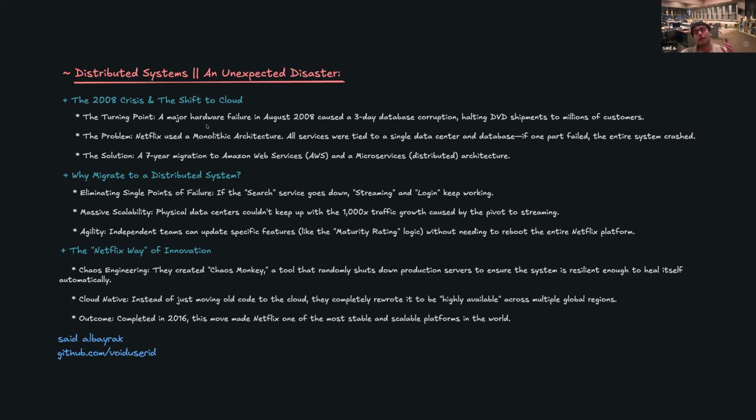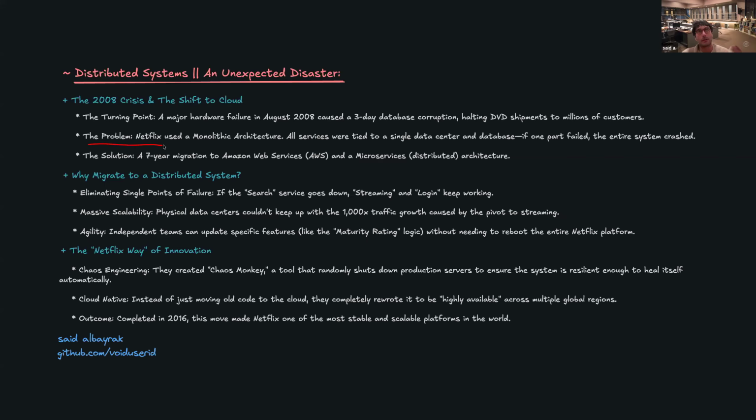They had a major hardware failure that caused a 3-day database corruption, halting all the services and business operations. Basically, the company lost around, if I'm not wrong, $3 million at that time. It's not a big amount for Netflix, but it was a huge lesson.